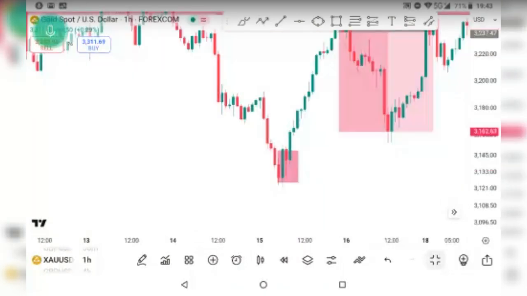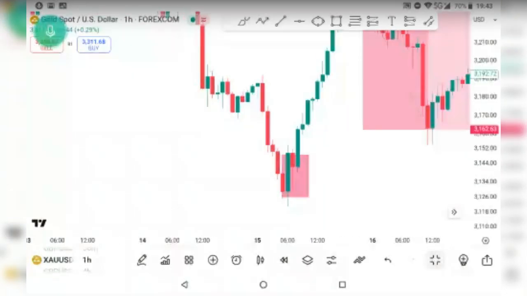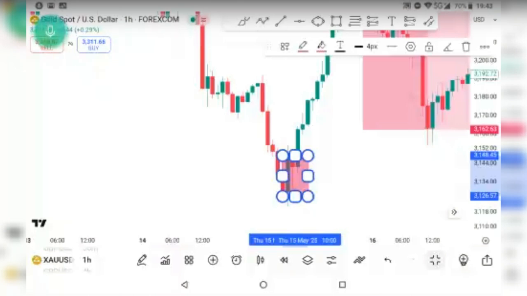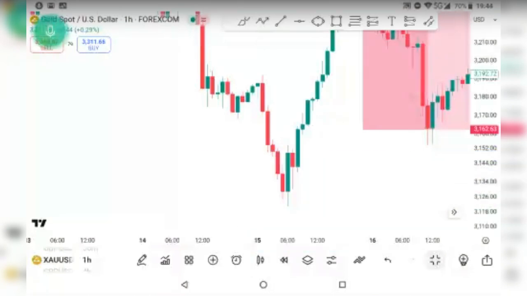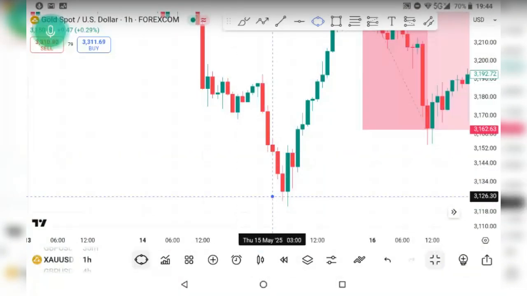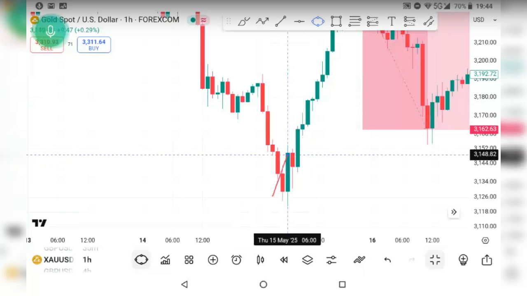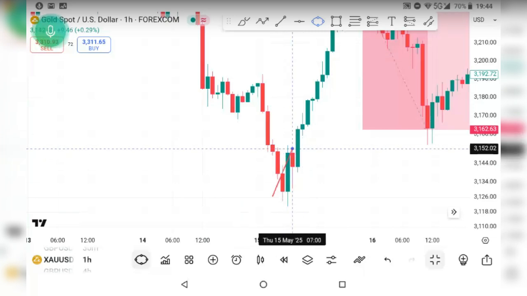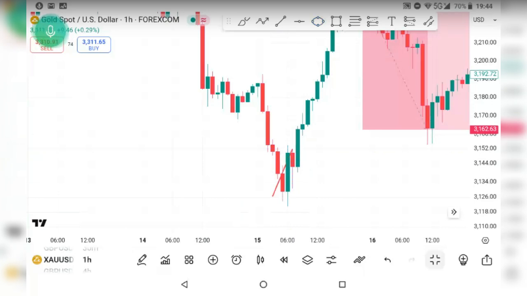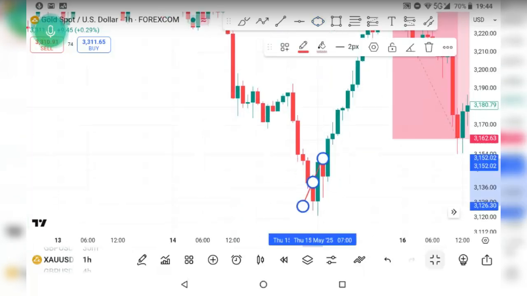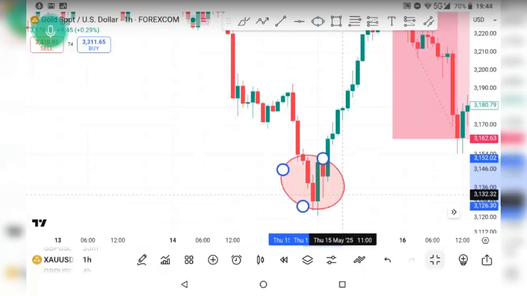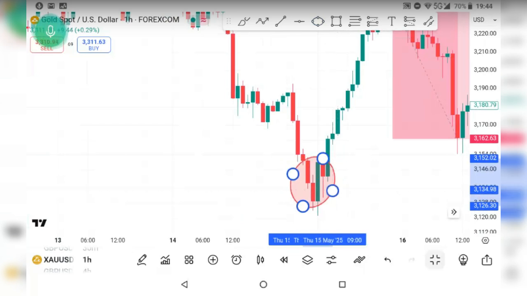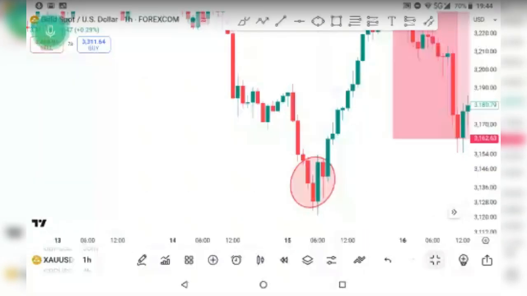You can see how this green candle covered the entire red candle. So that is a bullish engulfing.